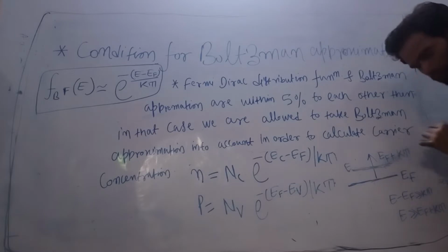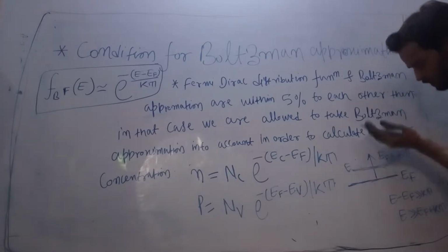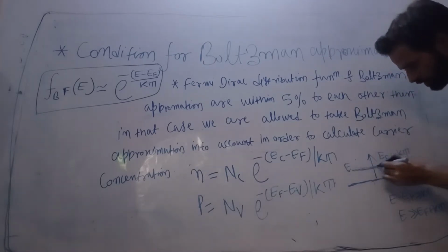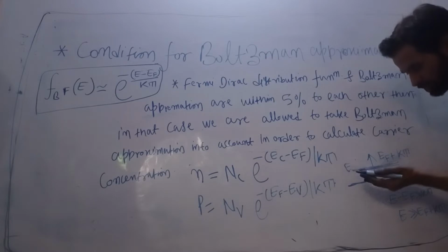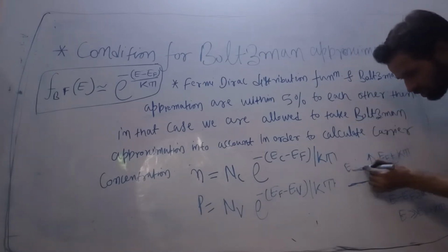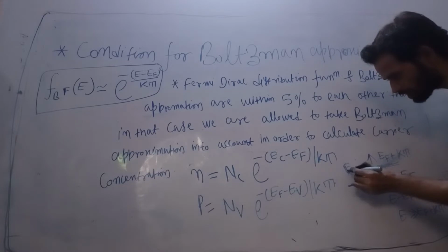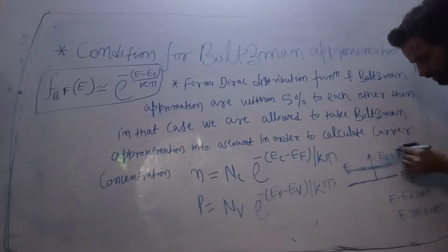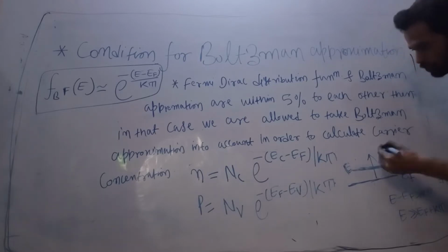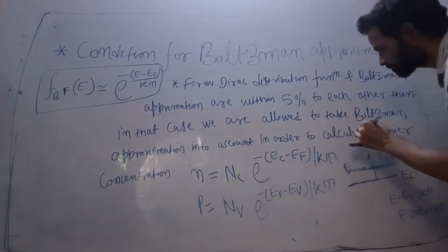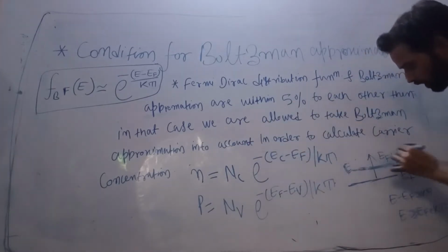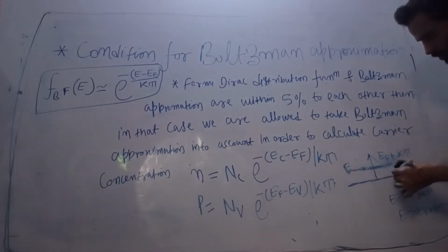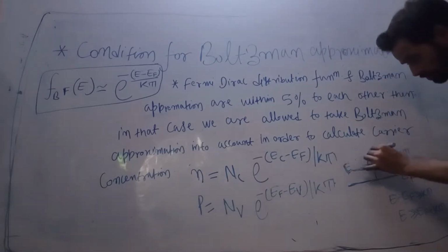By an amount of kT, I should shift above the Fermi energy level. That is how much above I should shift the available energy state above EF, by an amount of kT, so that I am able to take the Boltzmann approximation into account in order to calculate the carrier concentration.